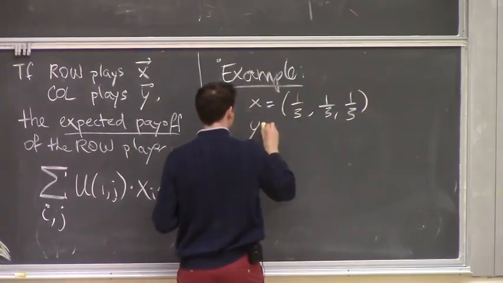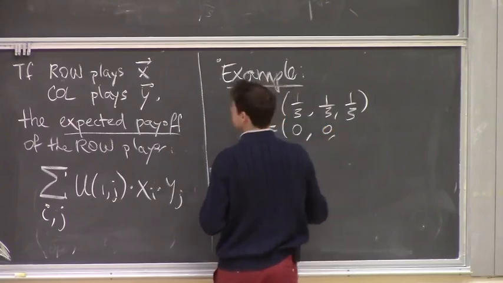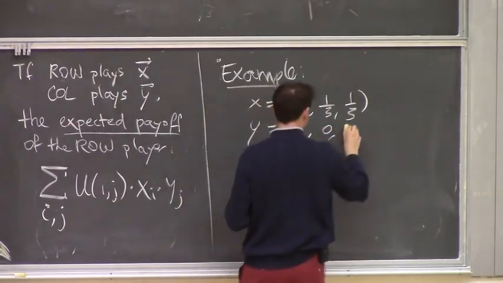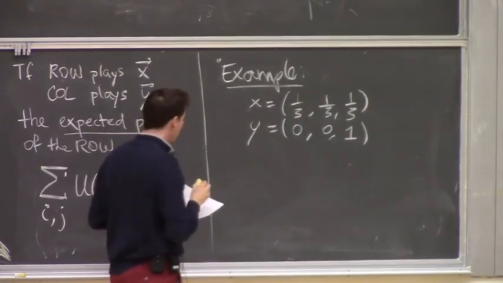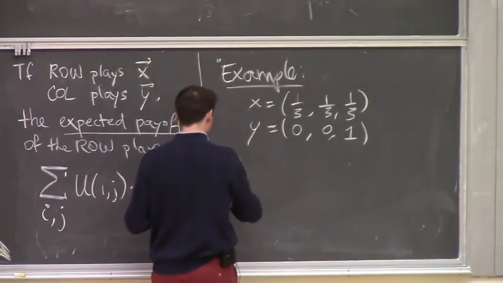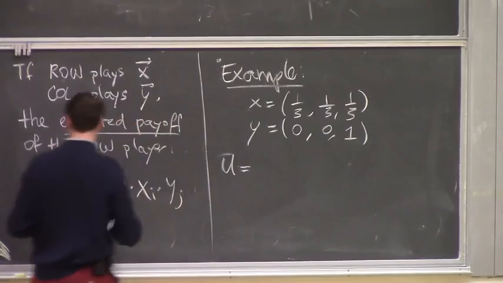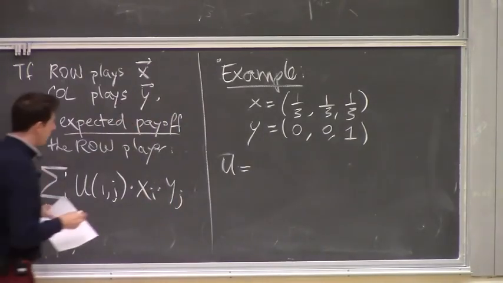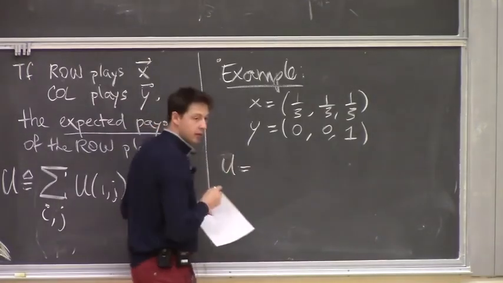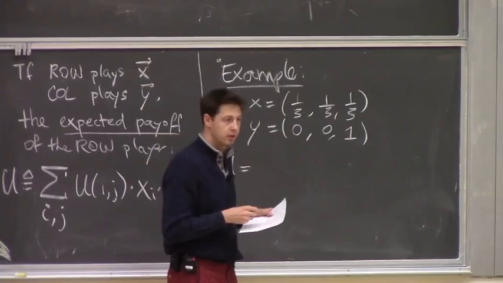And I fix Y to be a stubborn Caesar. Let's check what is the expected payoff. We can just denote it U. Let's say that U is defined as this quantity. So how should I compute it? Just as an example.